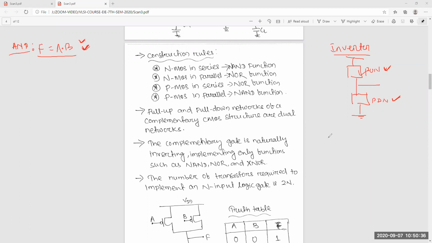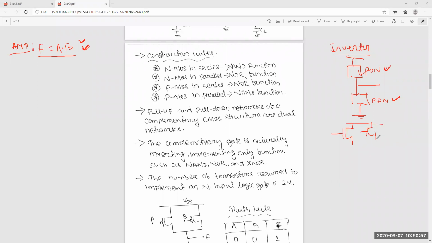The PMOS are in parallel first. How many transistors in parallel? Two PMOS are in parallel. Okay, what will be the name?